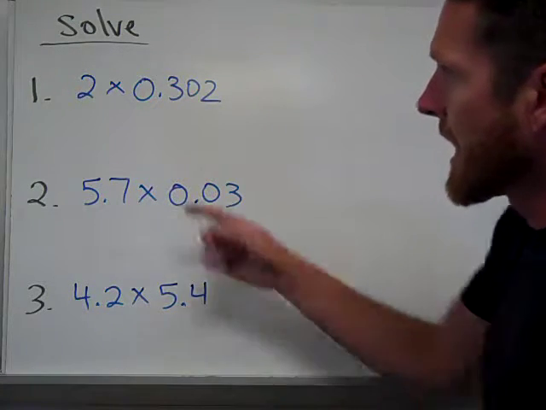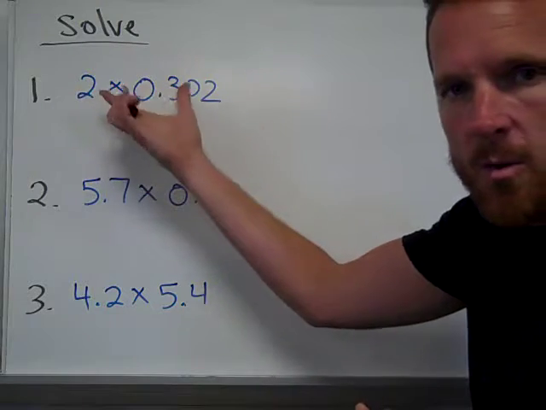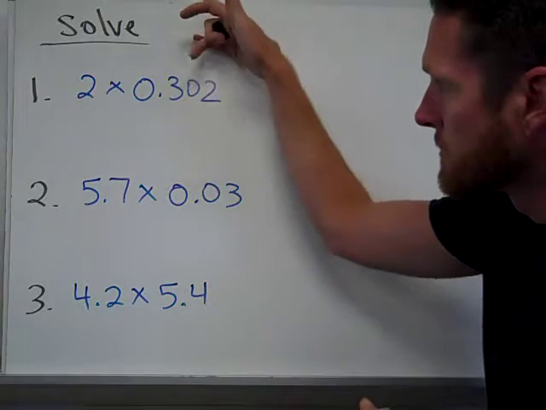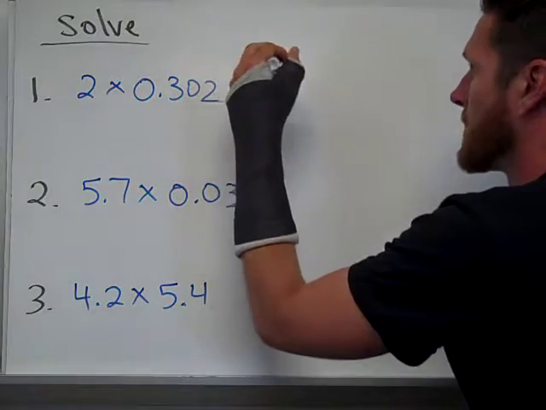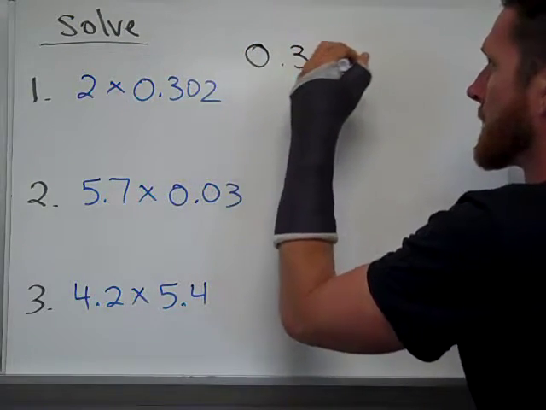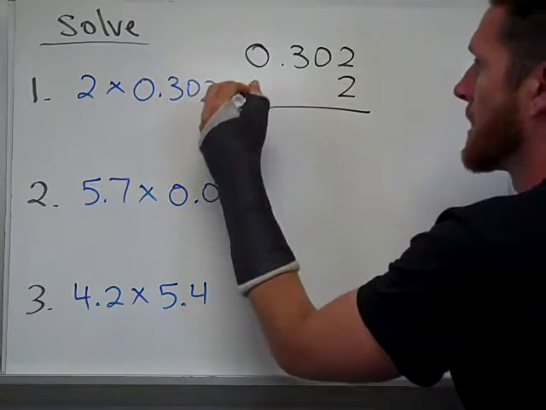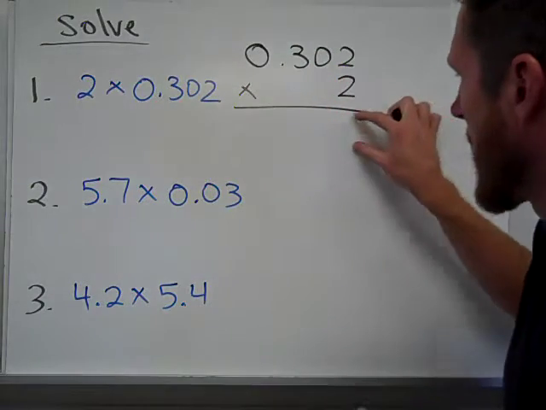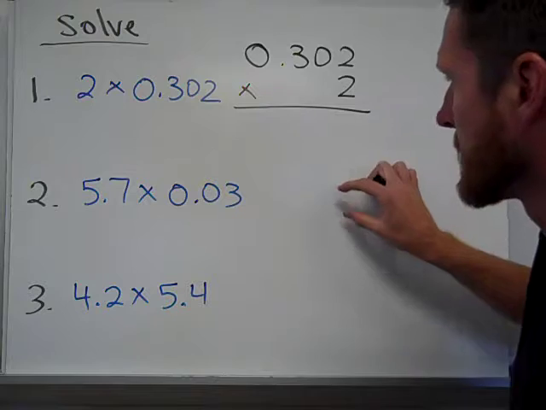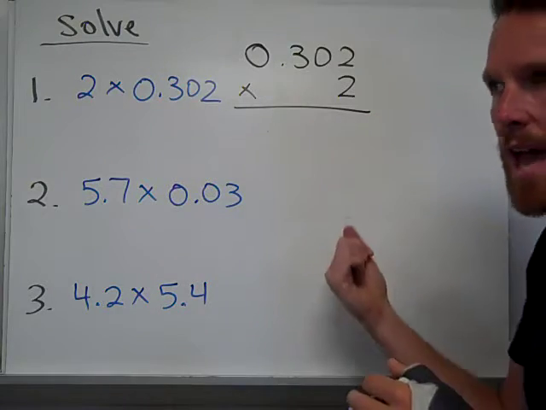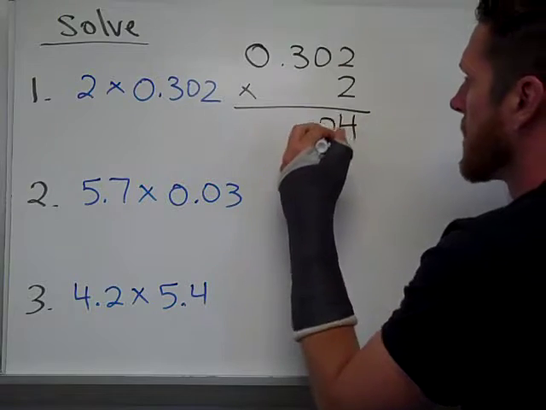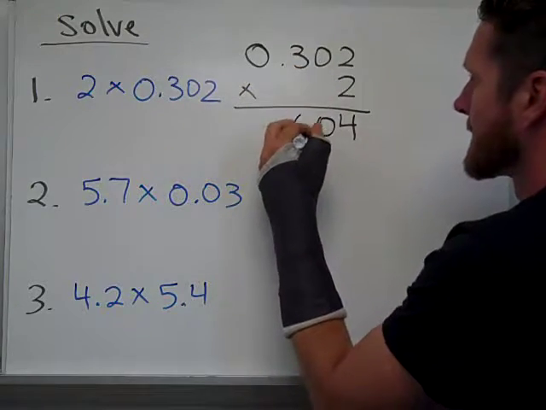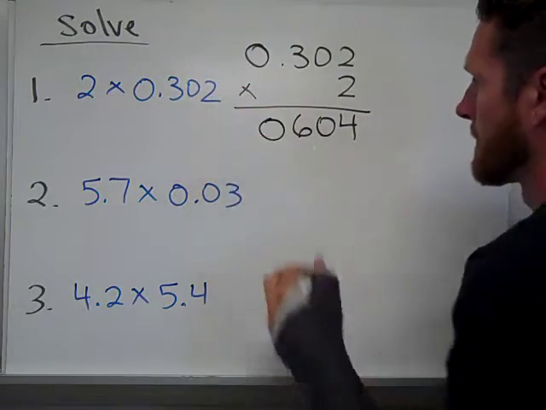I can put my problem in any order that I want as far as which number goes on top and which goes on the bottom. I'm going to do it this way because I want to multiply the least. I don't want a bunch of sets of partial numbers that I then have to add together. So 2 times 2 equals 4, 0, 6, 0.